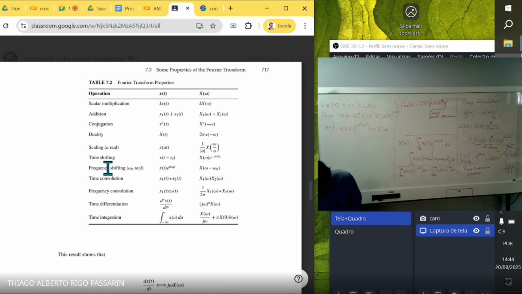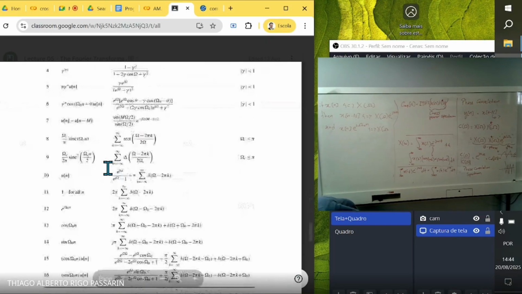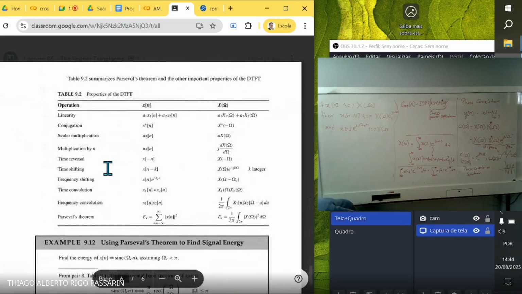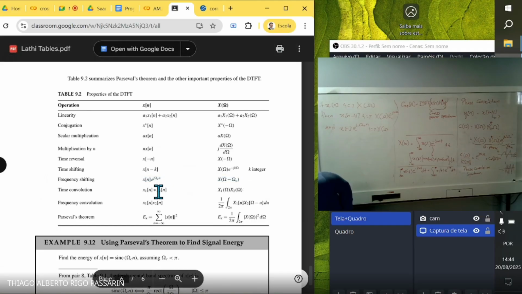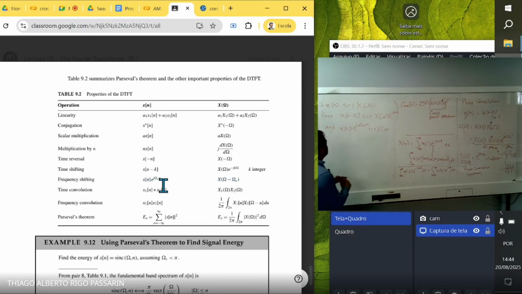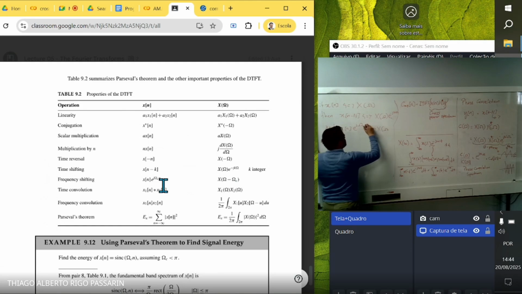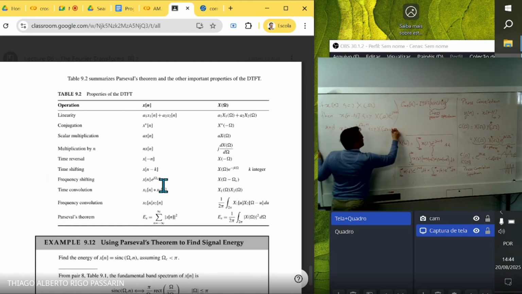Now it's plus or minus. Omega minus omega 0. We're in the continuous time table. This will work better for us. Minus. So instead of 0, I'm calling it omega c.